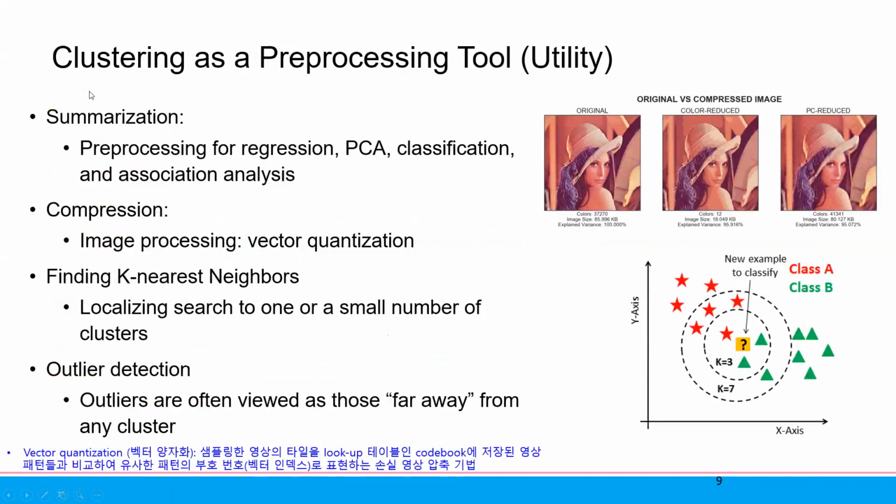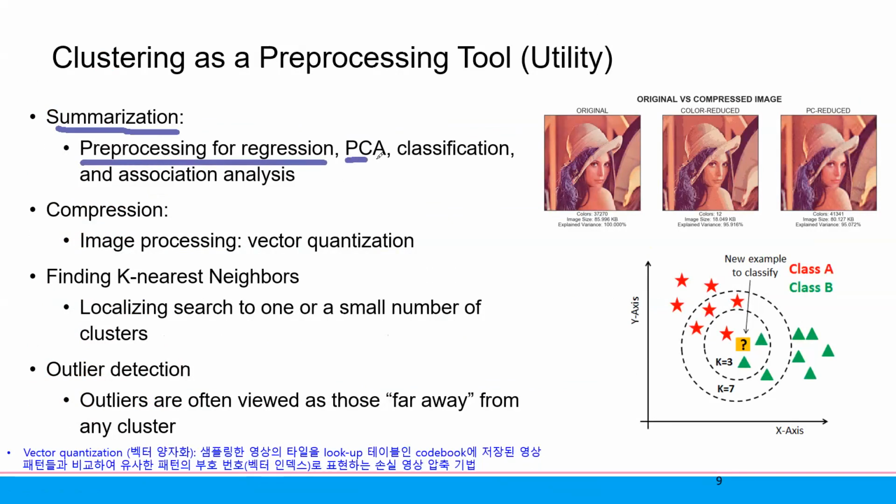When we are doing clustering as a pre-processing tool, we can make a summarization, or we can make a summary of our data. The summary of our data, you can use as pre-processing for regression. So before you do regression, you can make clustering.